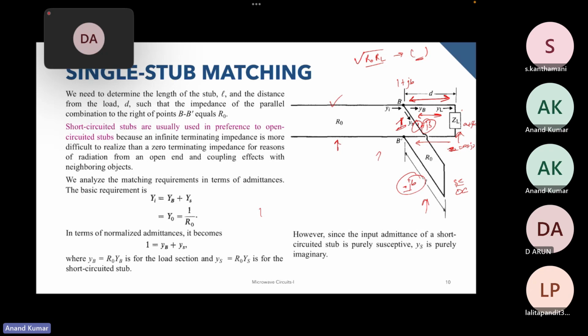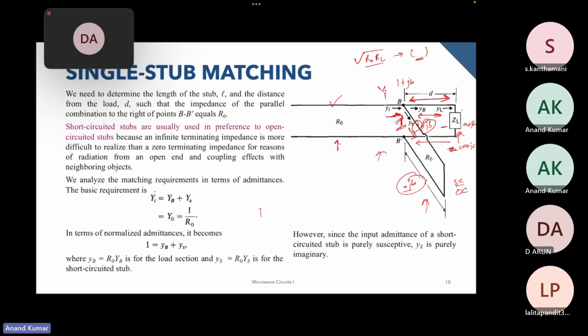So let's quickly look at the equations that we had in the last class. Essentially we have this capital YI over here, which is the input admittance when you're looking from this transmission line towards the load and the stub as well. The admittance looking towards the stub is Ys, and looking towards the load is Yb.